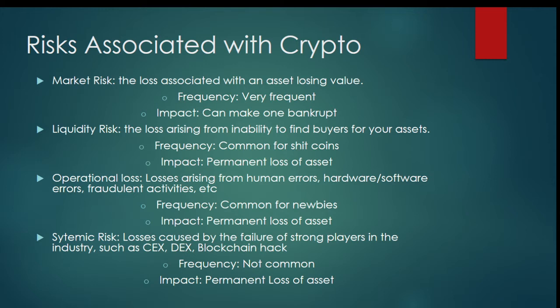So talking about the frequency of occurrence now, it is frequent. You cannot expect the value of a particular coin or token to be appreciating all the time. Sometimes they drop, especially in the short term, and then they pick up again. So these are the market risks involved with cryptocurrency: frequent loss in the value of an asset.